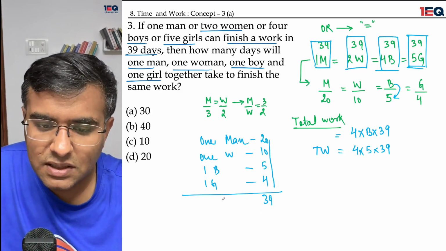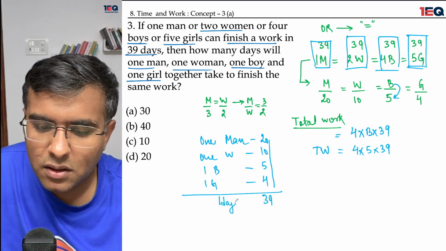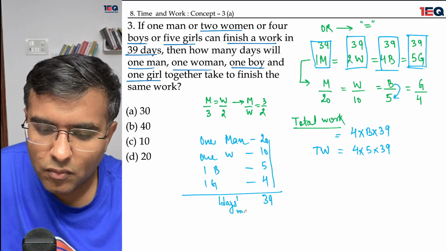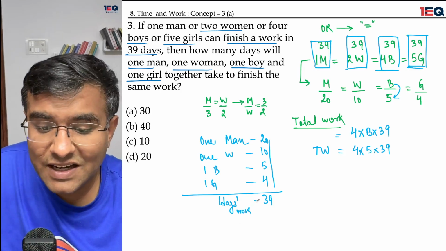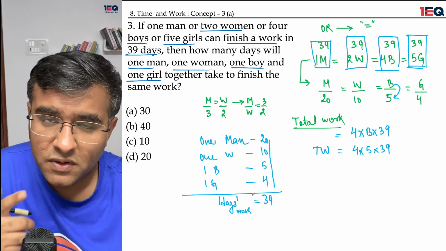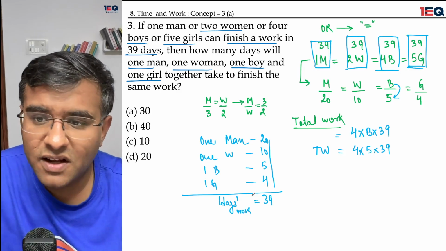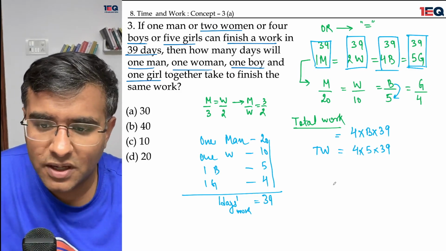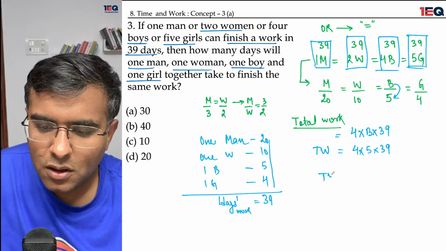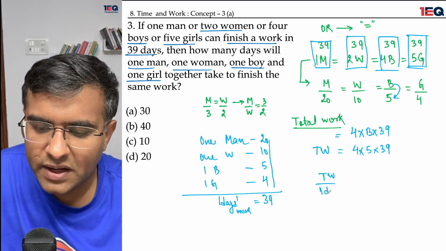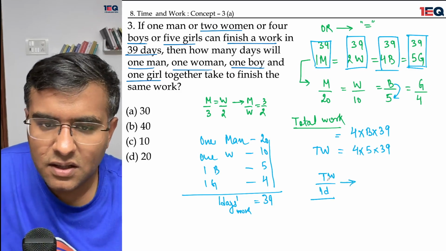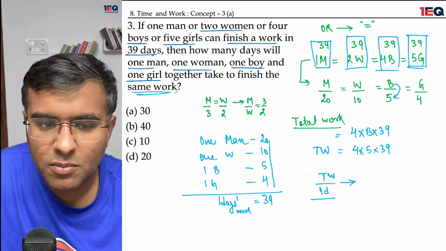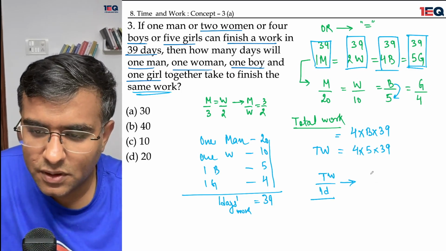This means that one day's work of the team of 4 people, which includes one man, one woman, one boy, and one girl, is equal to 39. When their total work and one day's work is divided, this gives me the total number of days to finish the work.